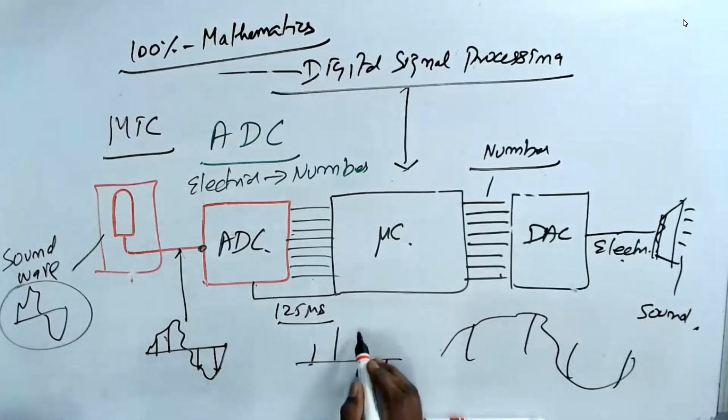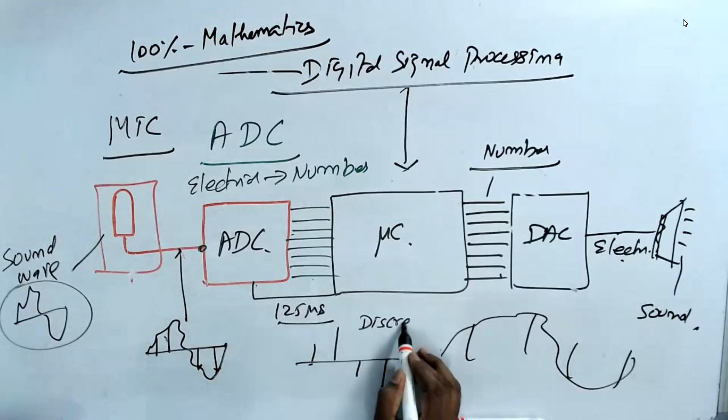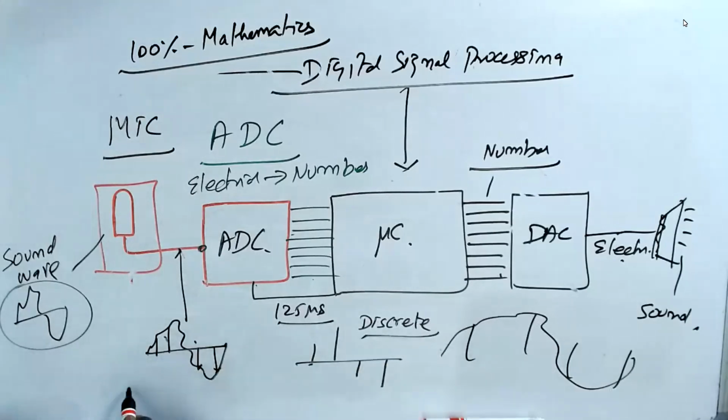This is called discrete. This is called continuous. Understand? This is called discrete. This is called sampling. I wanted to tell you that whole principle, then I thought I will introduce the word called sampling. You know, somebody has already said the sampling word. This is called sampling.